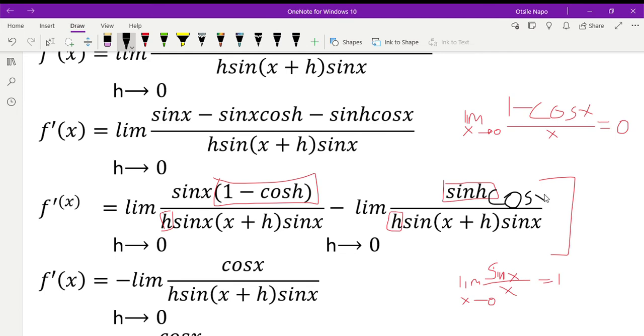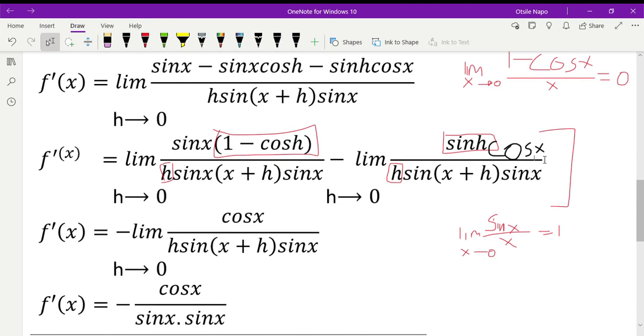So I forgot cos of x. I made a mistake while typing this, sorry about that. But since this will actually equate to 1, it's 1 multiplied by cos, which will actually just give us cos of x.